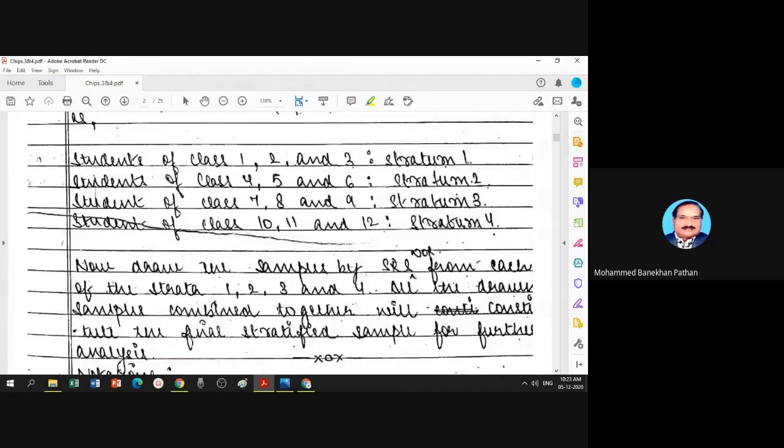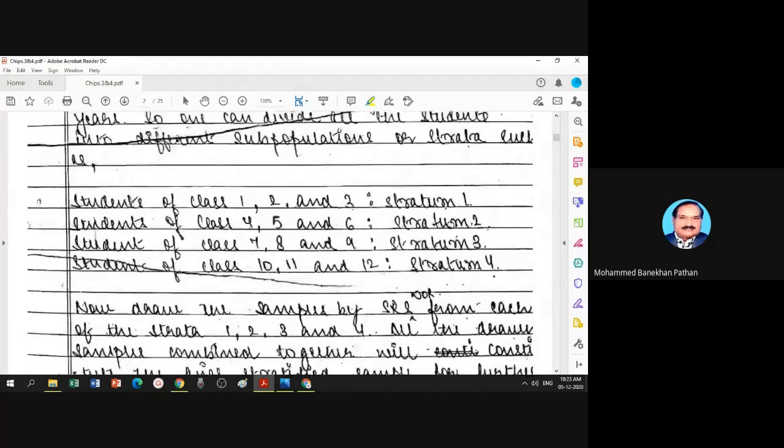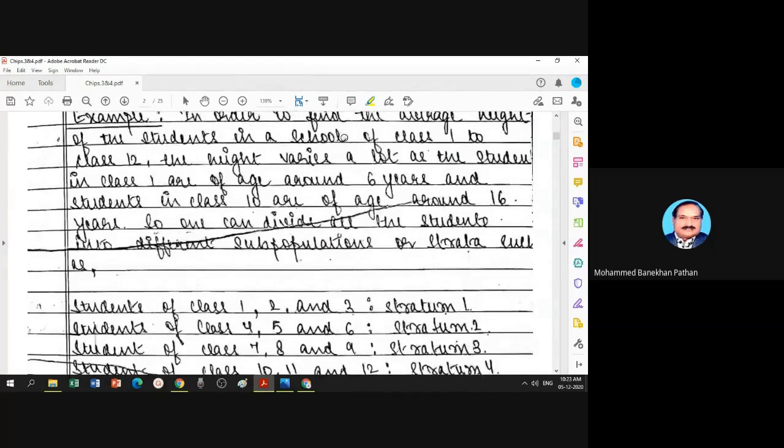If you recall your previous chapter, this problem will be studied for entire students running from standard 1 to 12 as one population. And from all these 1 to 12 class students, we pick up one sample.